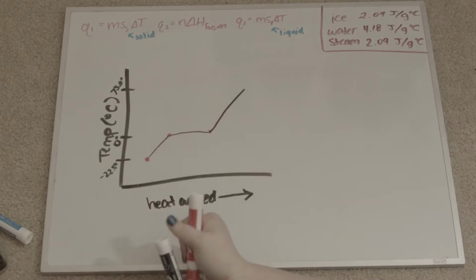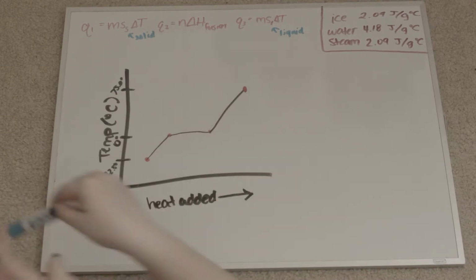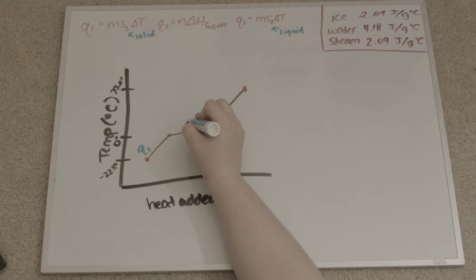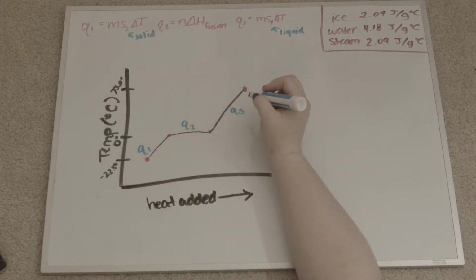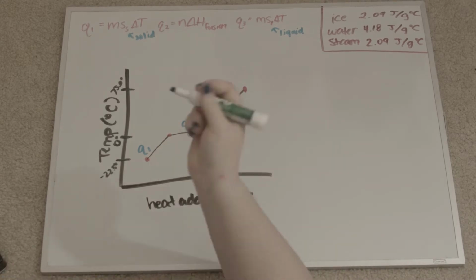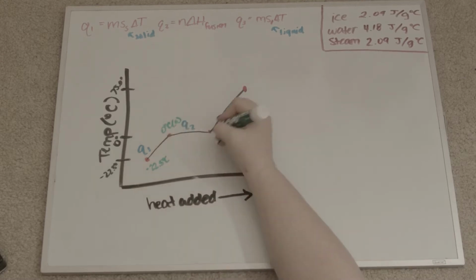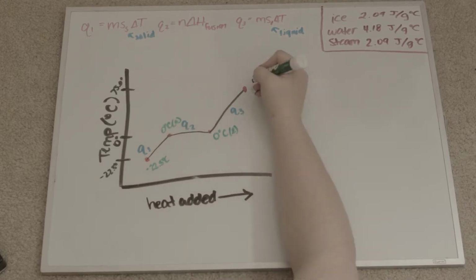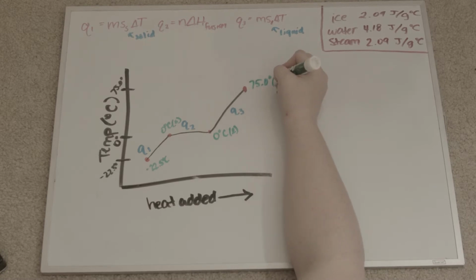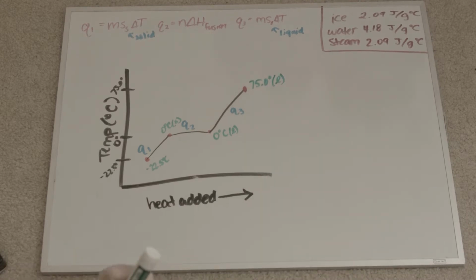So you put the points on, and you draw your lines. Obviously, this is just to help you visualize things. So Q1, Q2, and Q3 on it. And then for Q1, it is negative 22.5 degrees Celsius. During Q2, it's 0 degrees Celsius. And then during Q3, it is 75.0 degrees Celsius.